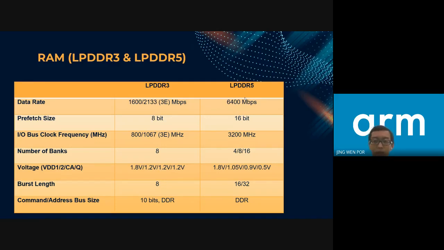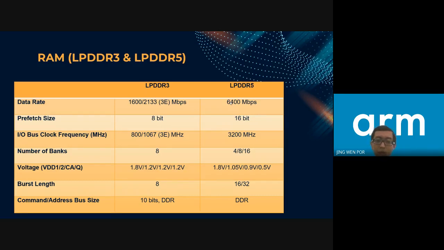On the right hand side, the LPDDR5 standard is the fifth generation of the technology, which was published by JEDEC on 19 February 2019, while the LPDDR3 is the third generation, also published by JEDEC in May 2012. As you can see, as time improves, the data rate has improved from LPDDR3, which is 1600 or 2133 megabytes per second, to 6400 megabytes per second.